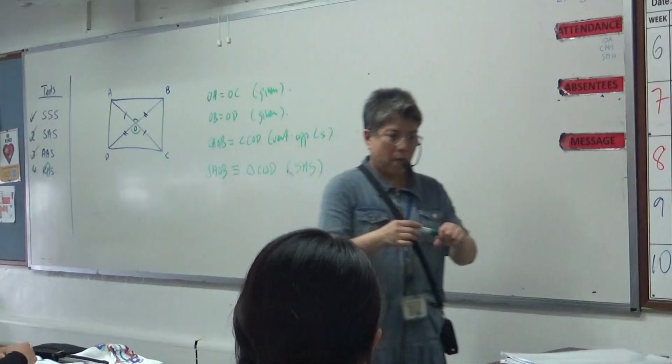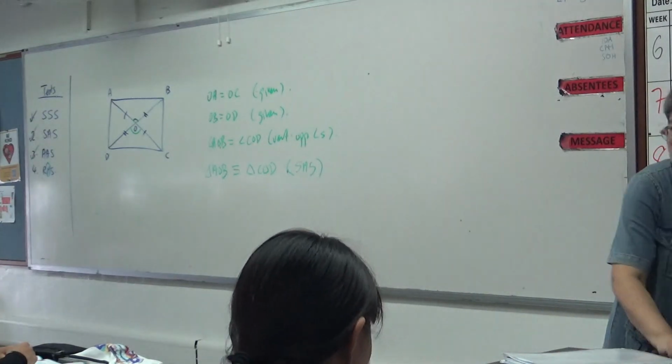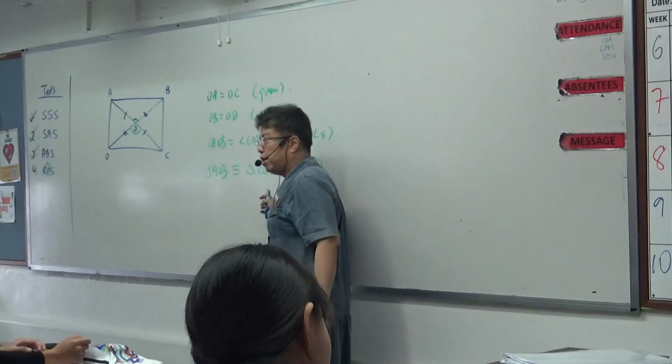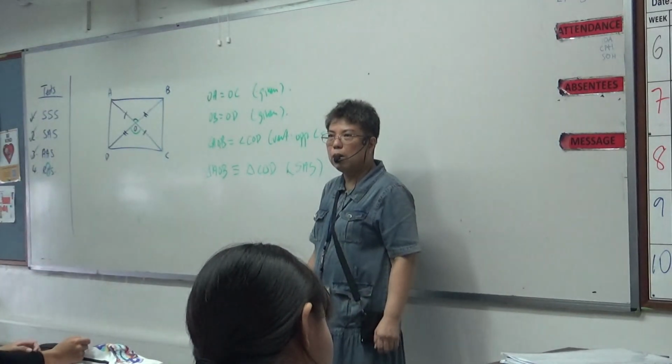SAS. Now, when two triangles are congruent and the congruent test is proved already, what does it mean?